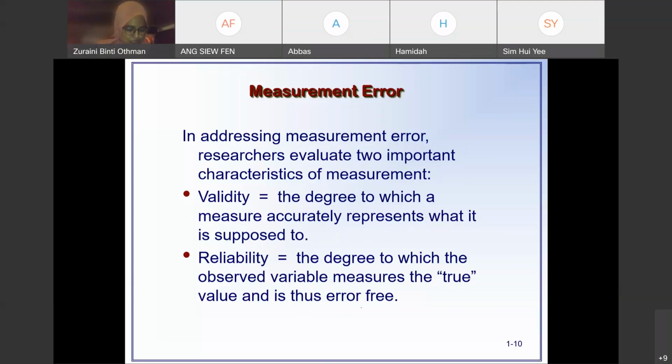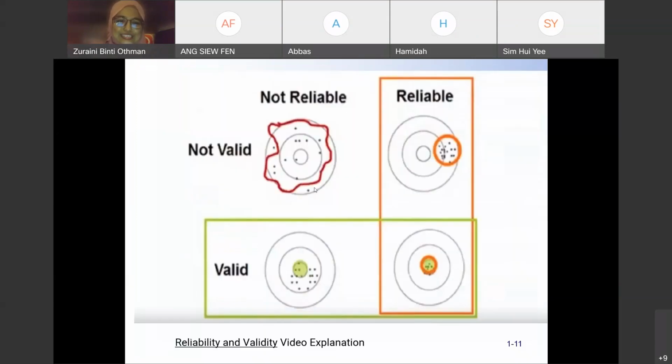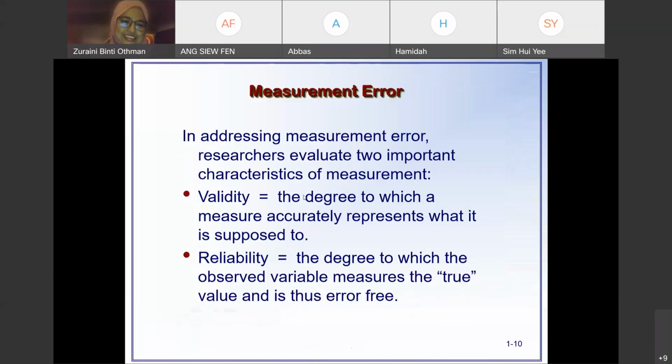I'm not sure whether you are the same as me, but from a sentence alone I'm a bit slow to grasp it, so I have to find a figure to understand. That's me. So what do we call validity, and what is reliability?